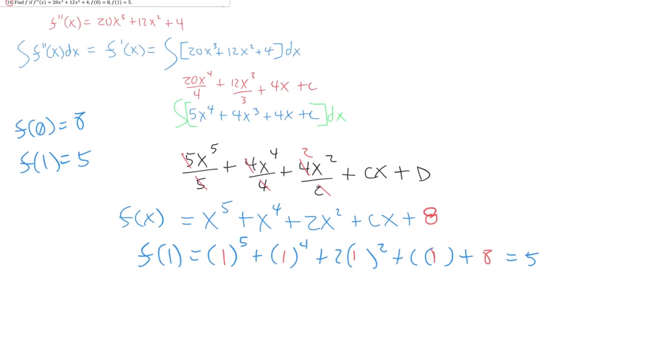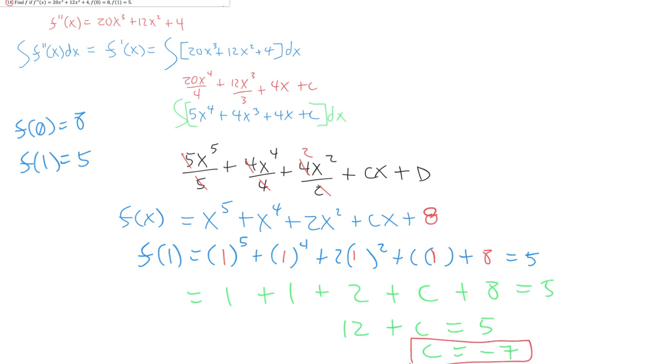So let's go further. That would be 1 plus 1 plus 2 plus c plus 8, and that should equal 5. Well, 1 plus 1 plus 2 is 4, plus 8 is 12. So we have ultimately 12 plus c equals 5, therefore c equals -7.